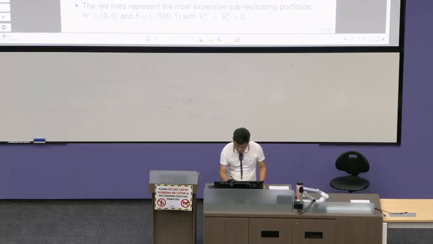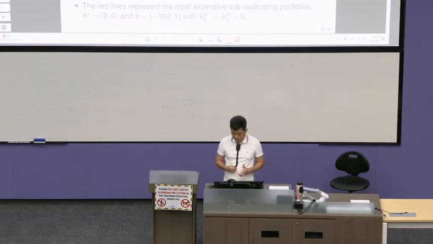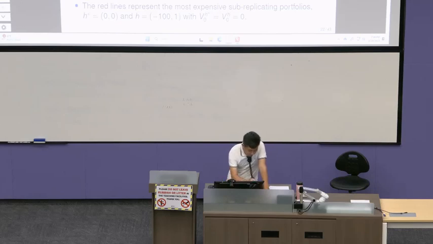On the other side, this red line is the most expensive sub-replicating portfolio. Again, if you look at it, within 90 to 110, the option always gives a better payoff than the portfolio.